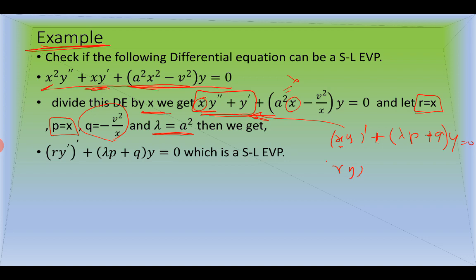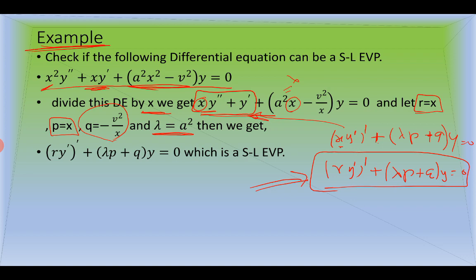Now this is r y prime, whole prime, and lambda p plus q times y is 0. This has been expressed as a Sturm Liouville problem. This way we can modify the given differential equation so that it can be expressed in Sturm Liouville form.